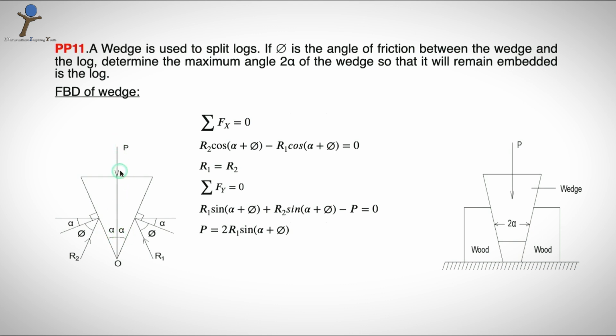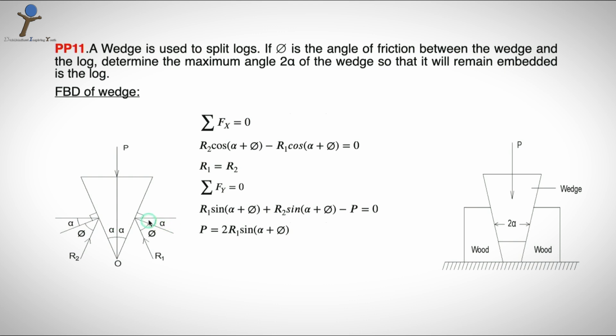If P is the vertical load acting downwards, then R1 and R2 are the total reaction forces acting on each edge of the wedge. For example, R1 is the resultant of N1 and mu N1. N1 is the normal reaction of the wood on the right side onto the wedge, and mu N1 will be in the upward direction because P is causing the wedge to move in the downward direction.